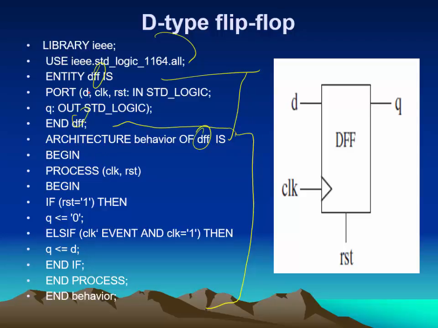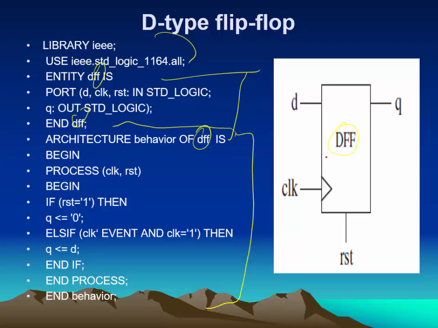DFF has to be the same all the way through. That tells me what the name of this block is, DFF. So DFF is a black box. It's got 3 inputs, D, clock, and reset. It has 1 output, Q, in this case. So we list our ports there.